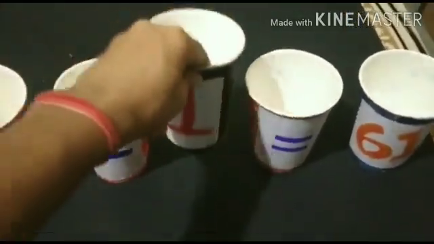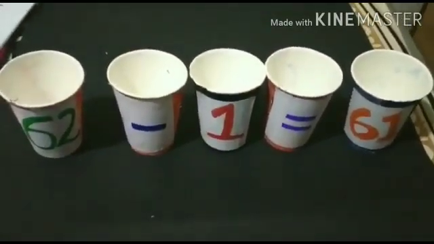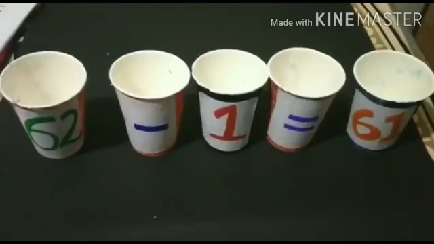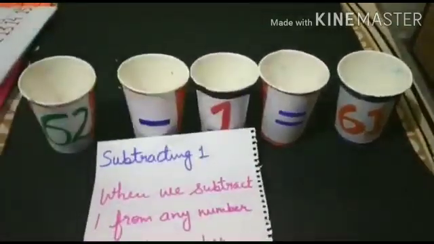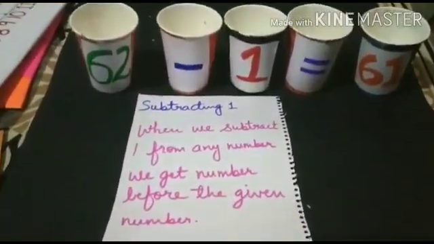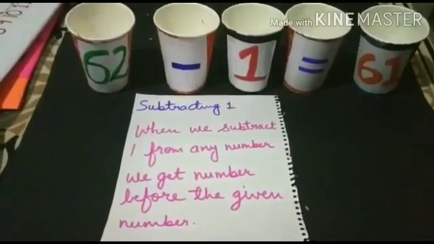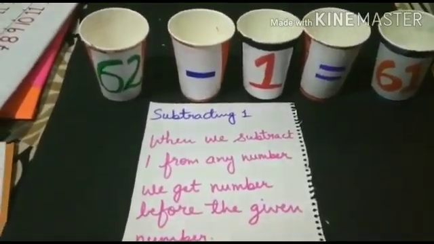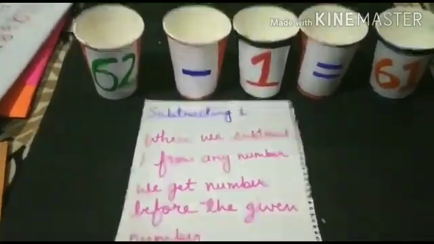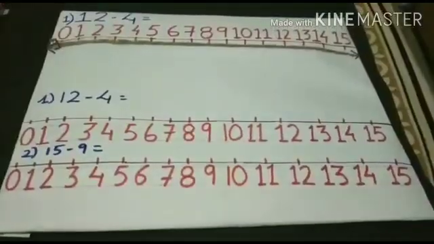We have to subtract 1 to get the answer 61 from 62. So, this is the property of subtracting 1. When we subtract 1 from any number, we get the number which is prior to the given number, or minuend.